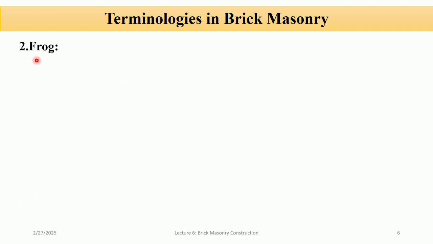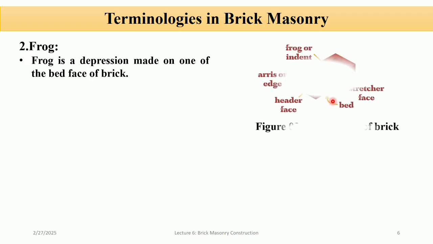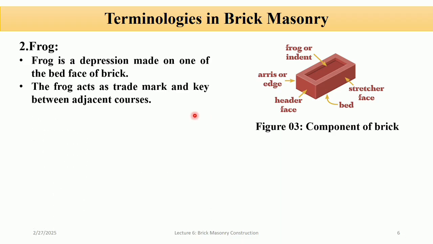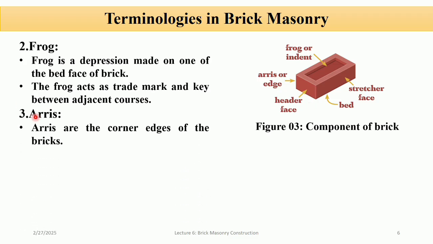Number two is frog. The depression which we provide in a brick is known as a frog. What is the purpose of providing a frog in a brick? The purpose of a frog is to form a key for mortar between any two adjacent courses, to reduce the weight of the brick so that it can be laid with convenience, and to provide a place for putting the impression of a trademark.